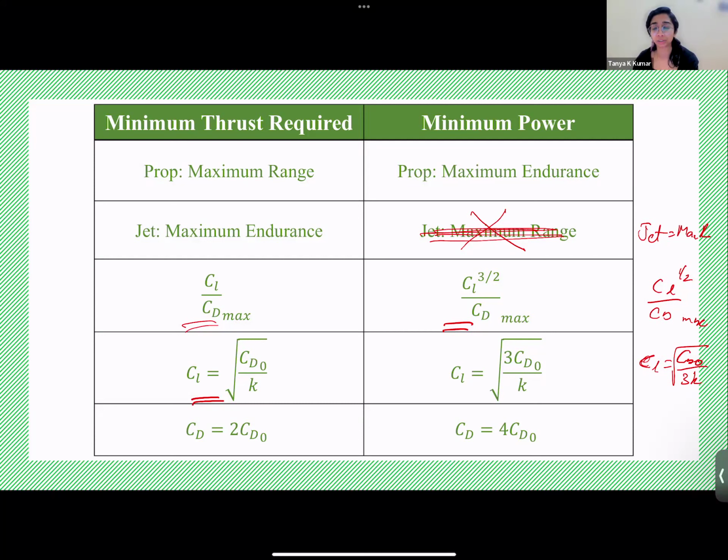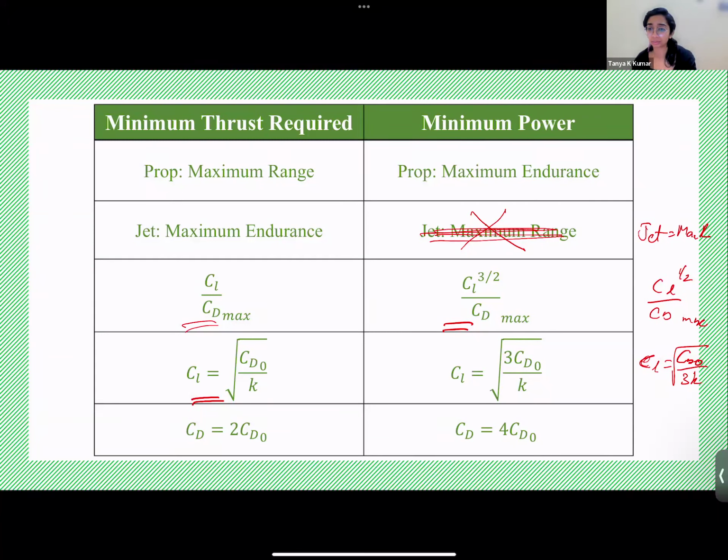SFC is specific fuel consumption, and what is the difference in their definition with respect to propeller and jet? Okay, that's all right, but can you come up with something a little more basic?